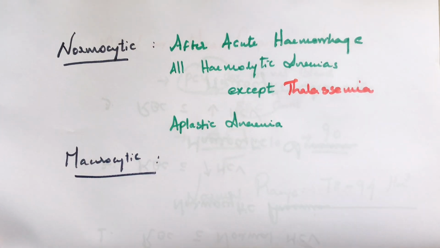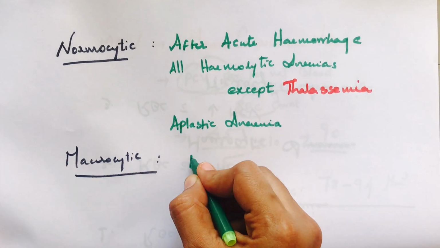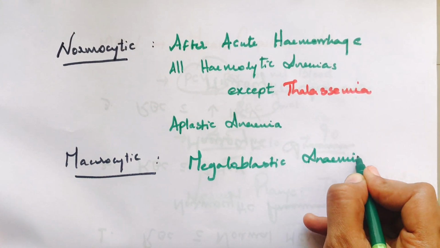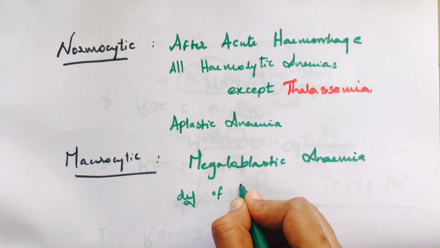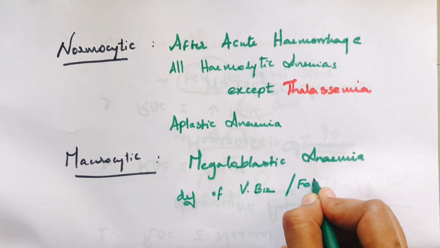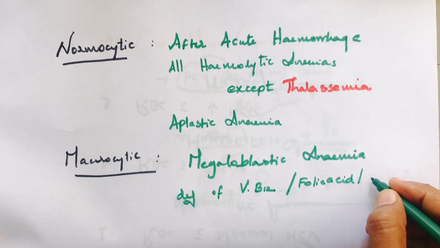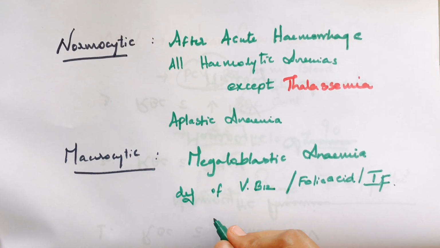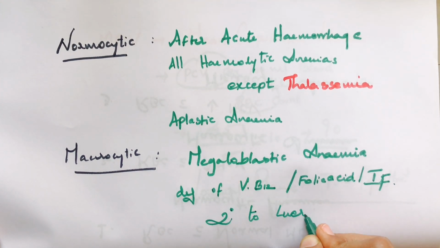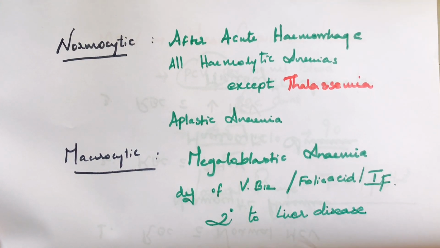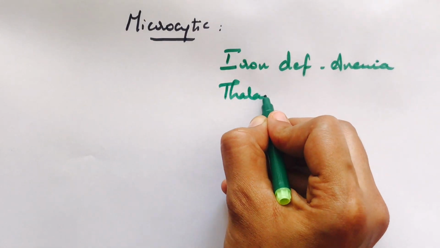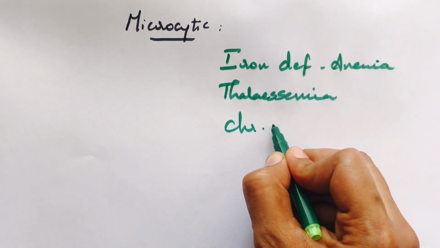Macrocytic anemia is seen in megaloblastic types where there is deficiency of vitamin B12 and folic acid. IF stands for intrinsic factor. And macrocytic anemia is also seen secondary to any liver disease. Microcytic type is most commonly seen in iron deficiency anemia and thalassemia.